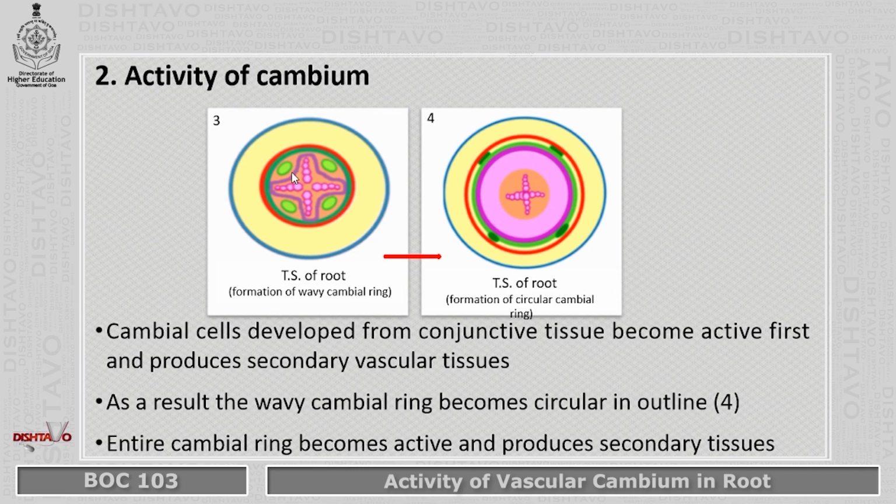As a result, it produces secondary phloem towards the outer side and secondary xylem towards the inner side. So, with the activation of cambium in this particular region, more secondary tissues are produced in this particular region. As a result, the vascular cambial ring, which was wavy in outline, becomes circular in outline.